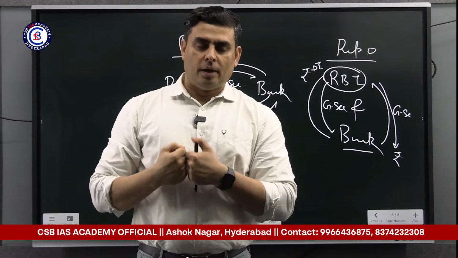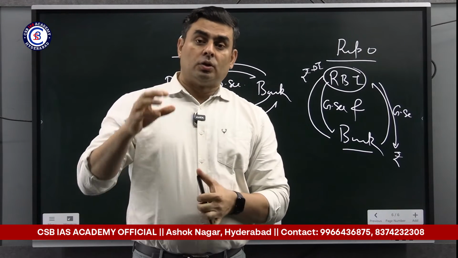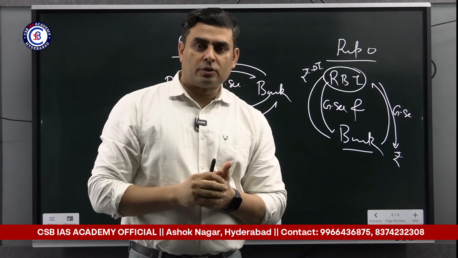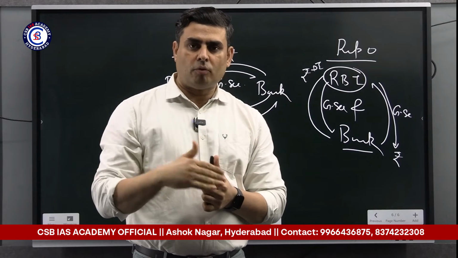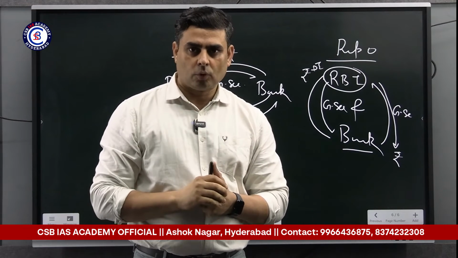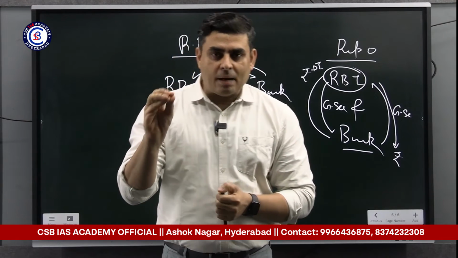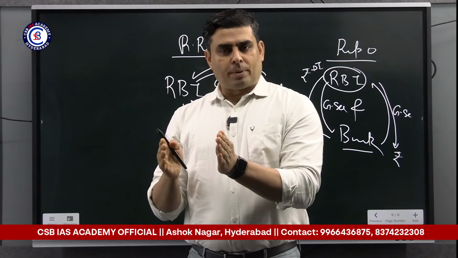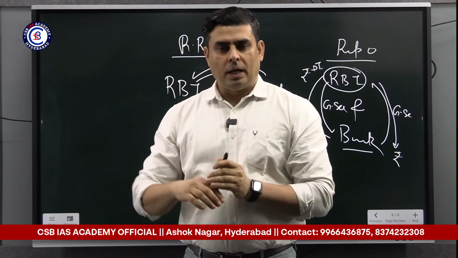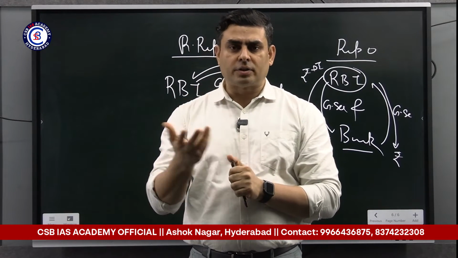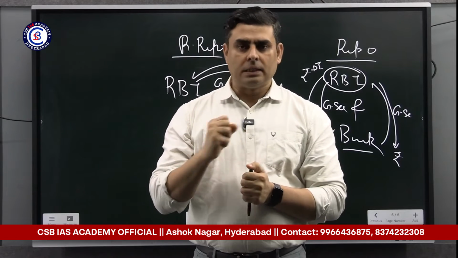Government security. Fine. So this is repurchase. So reverse repurchase obligation, reverse repo, was introduced in 1996. Okay. So RBI started repo operations in 1992, and they also started reverse repo operation in 1996.